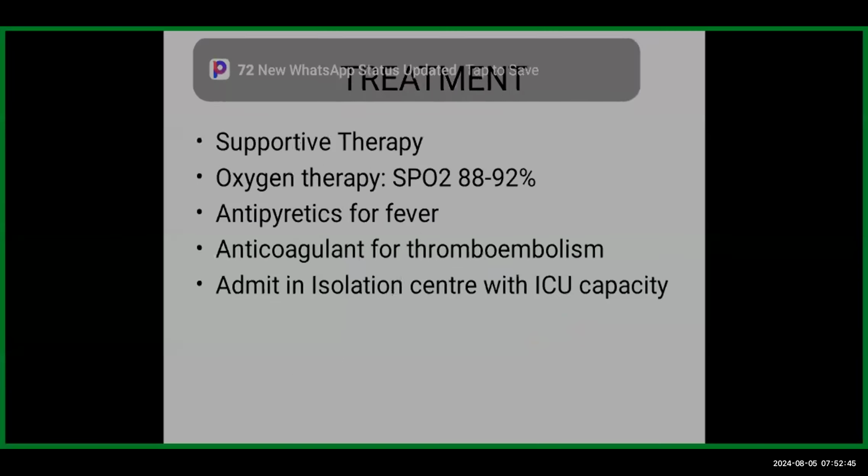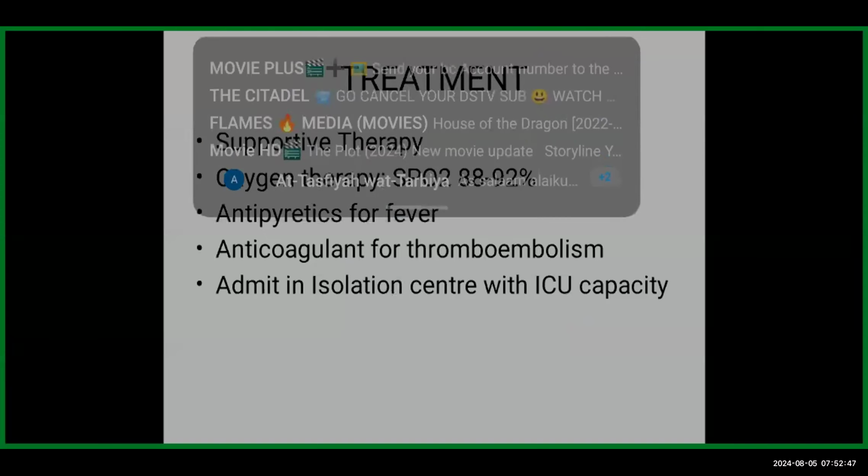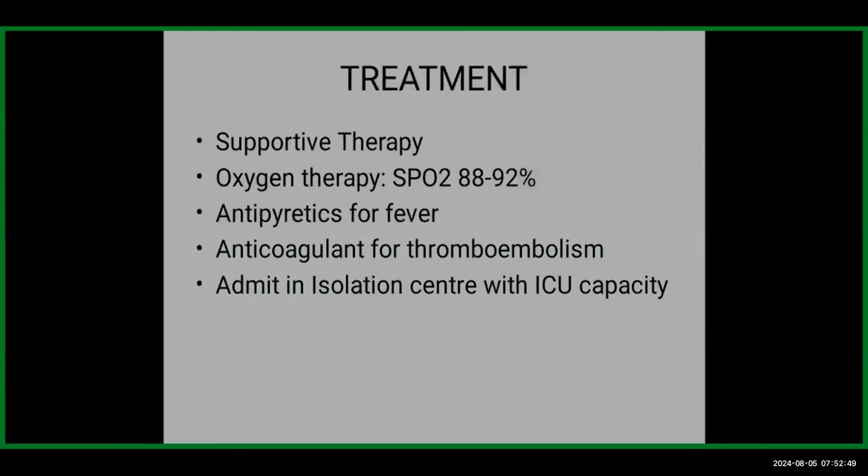The treatment can be supportive therapy, by giving oxygen. But we should remember that this patient has background COPD, so we should aim at a saturation of 88 to 92%, because the patient will still need some hypoxia to drive respiration.